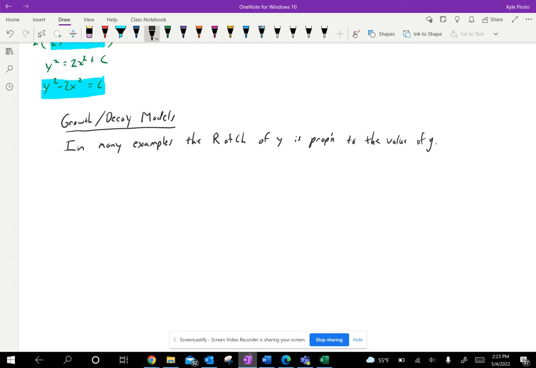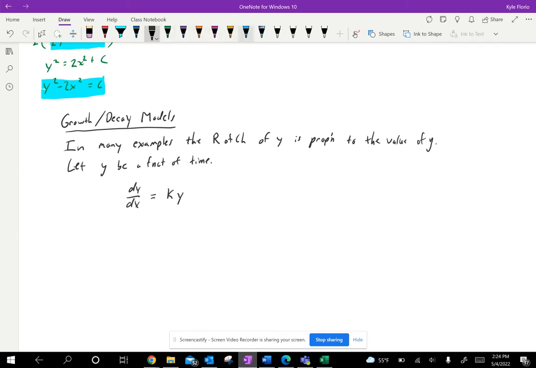So let's let y be a function of time. Then what that means is the derivative, which I'm going to call dy dx, the rate of change, is proportional to the value of y. So it's related to y by some proportion, call that k.